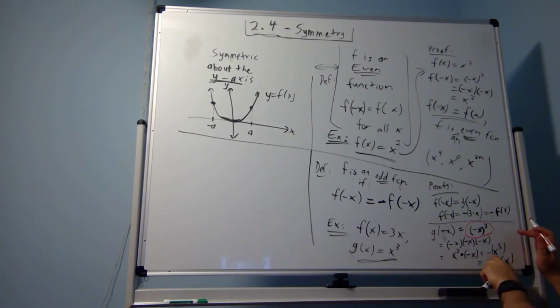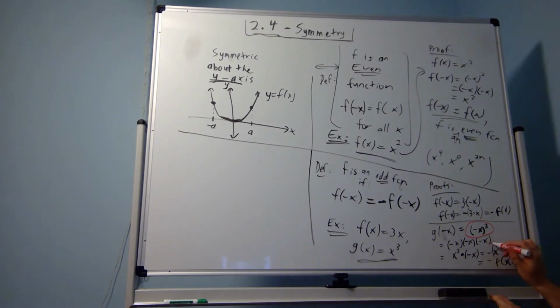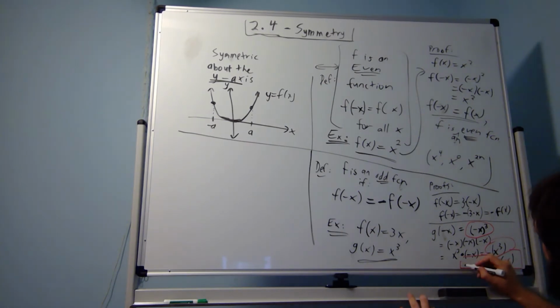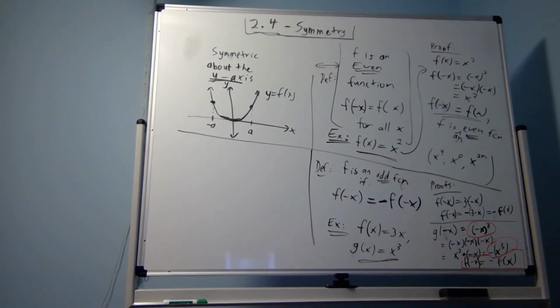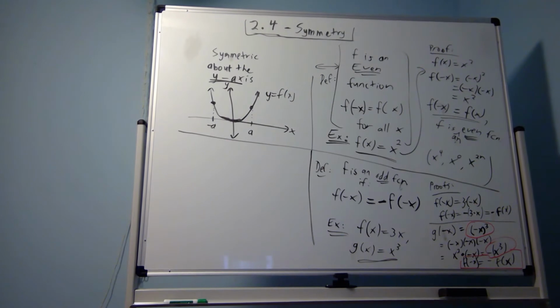And that minus comes out front, and it looks like this, but you should at least write down these two things, and then what is it we wanted to prove? That f of minus x is equal to the negative of f of x.